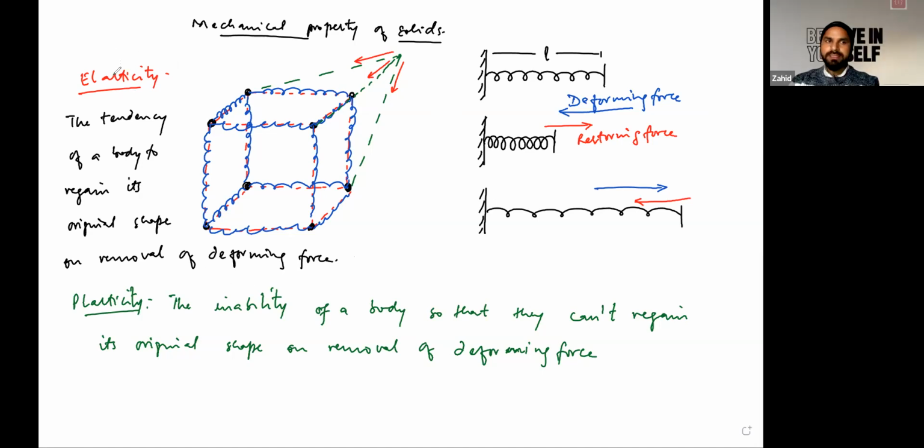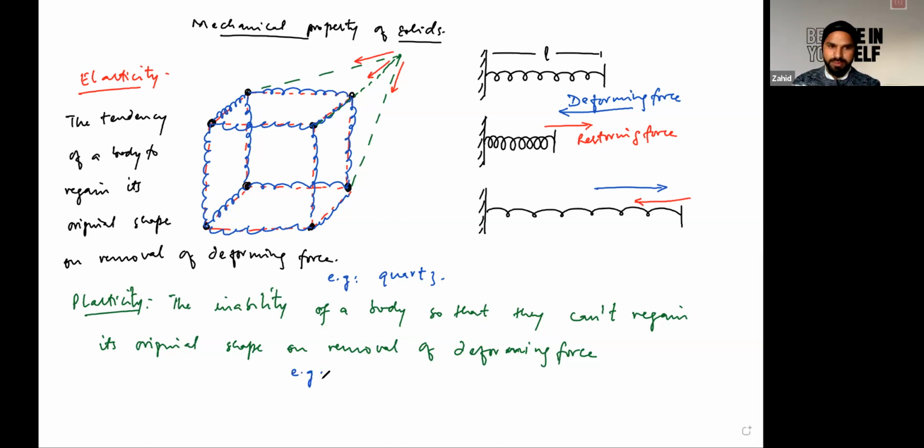So for elasticity, we may define some substances having elastic behavior. In general, there is no object which is perfectly elastic, but there would be some substances which tend to be. So for most elastic substances, quartz. Similarly, for plasticity, there will be no substance which is perfectly plastic. There will be properties in between elasticity and plasticity.